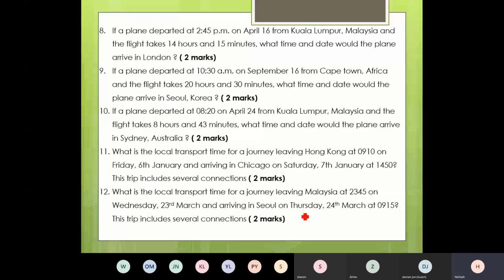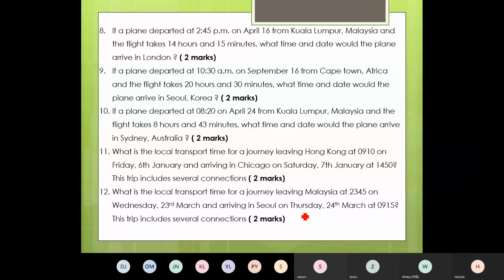The answer is 2 p.m. Yes, 1400. So when you answer, if you got 1400, you don't need to convert, because I'm afraid that when you convert, it will be a different answer. So no need, just remain whatever answer that you get.